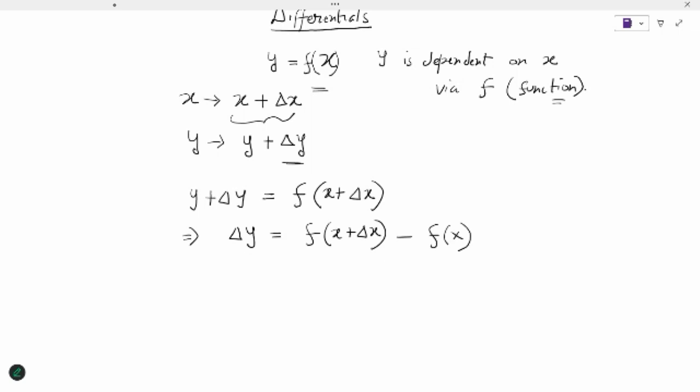Now if we consider this, we have some elementary idea of what a limit is.